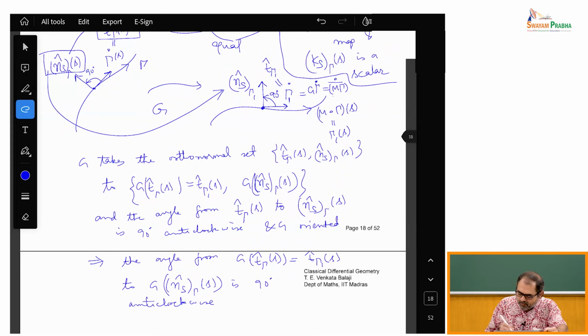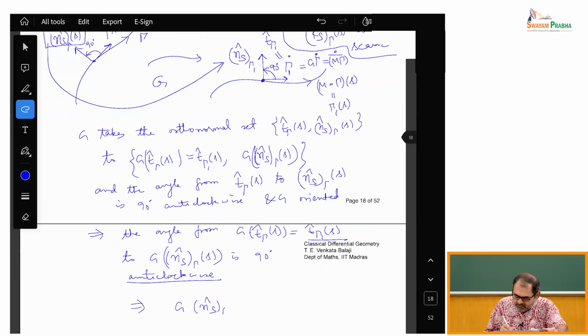Okay. But if you take t cap gamma 1 and rotate it anticlockwise by 90 degrees, you will only get the ns cap for gamma 1, you will get the signed normal of gamma 1. So this implies that g ns cap sub gamma of s is actually ns cap sub gamma 1 of s.